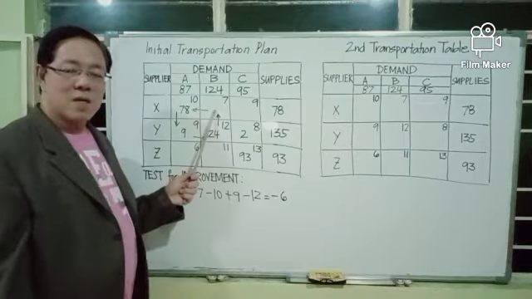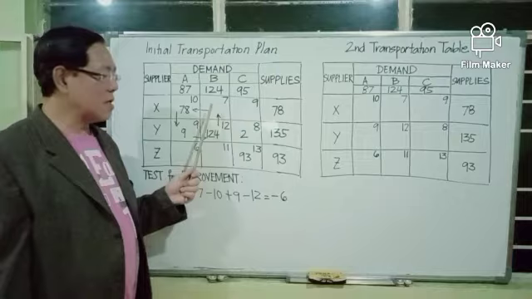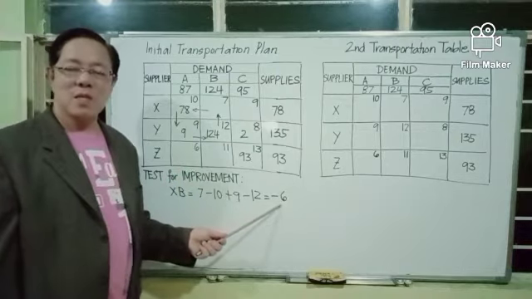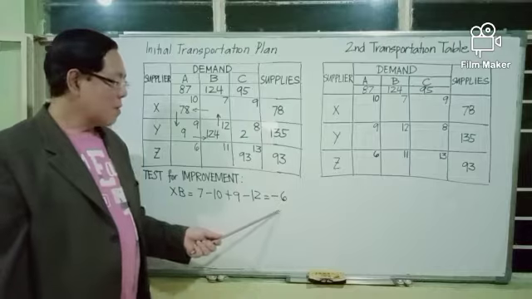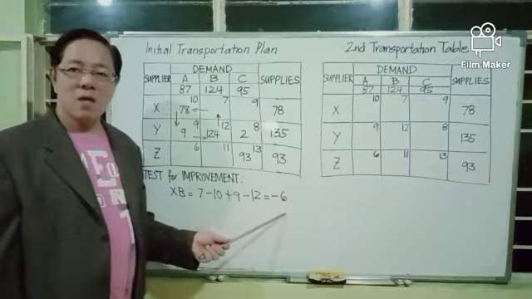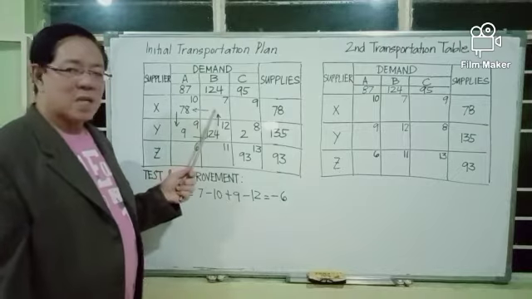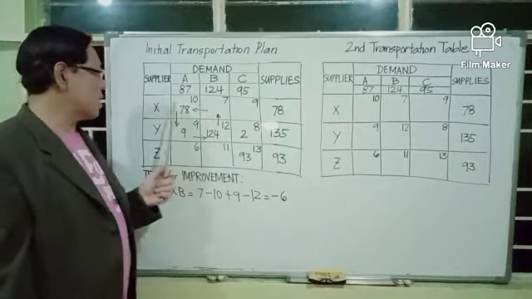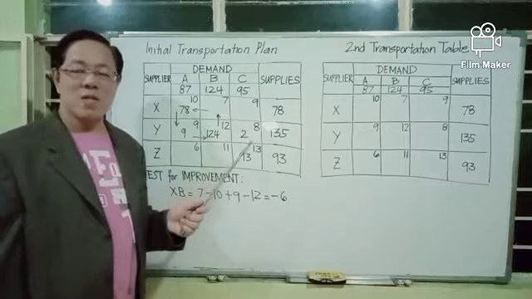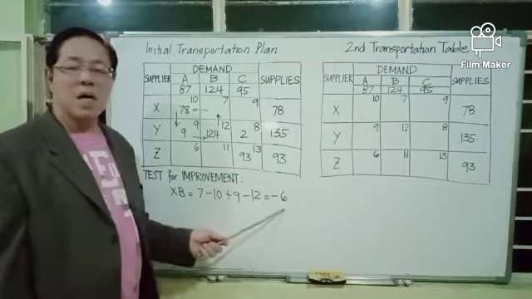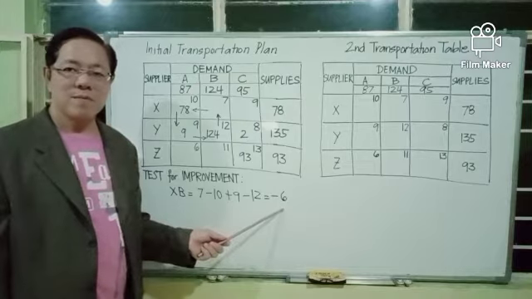Again, the negative net cell cost of negative 6 means that if you transfer some units in this vacant cell XB, the total transportation cost in the initial distribution plan will decrease by 6 pesos per unit.